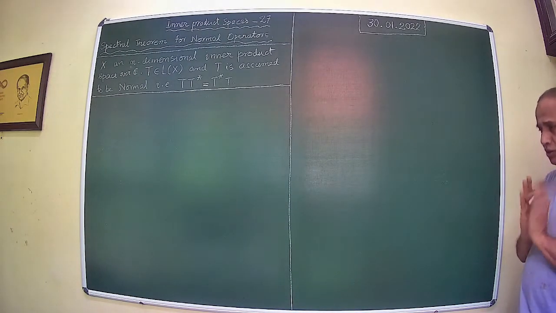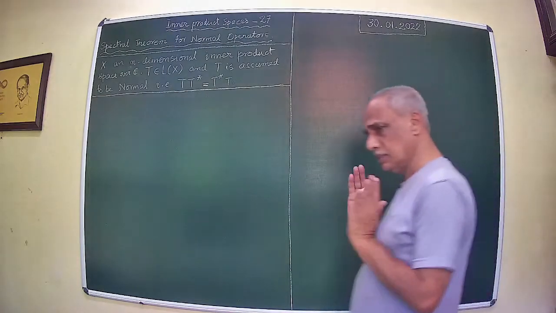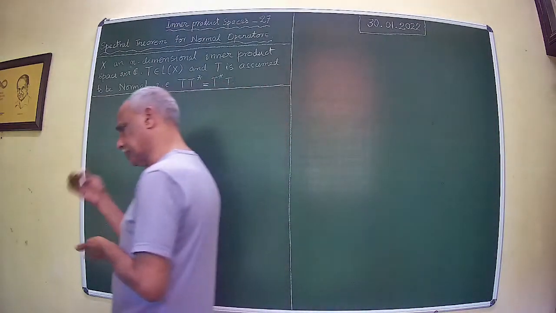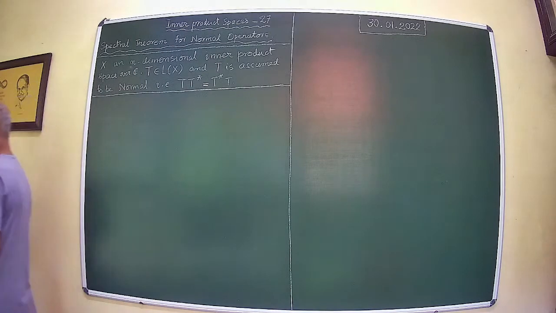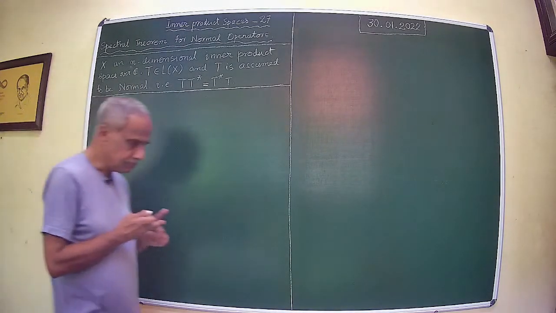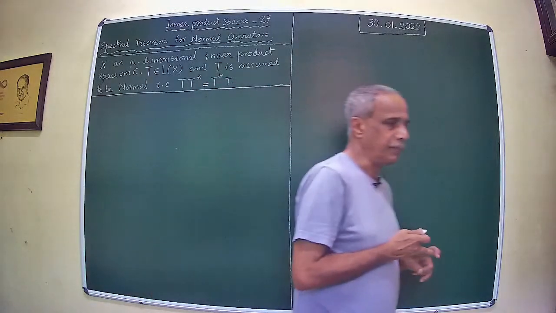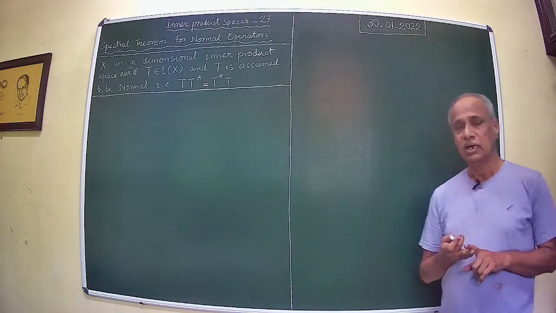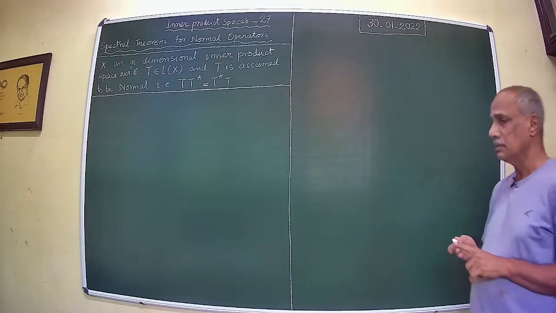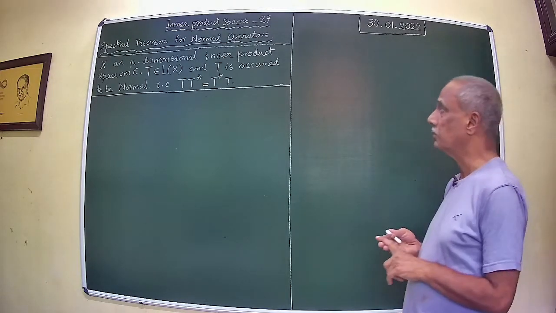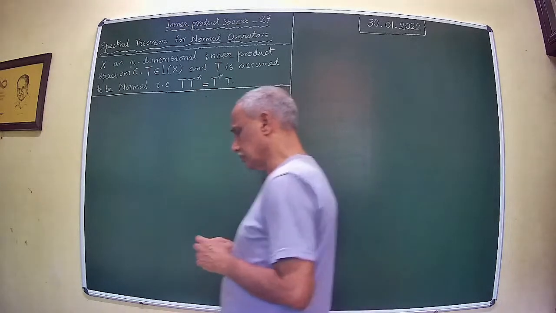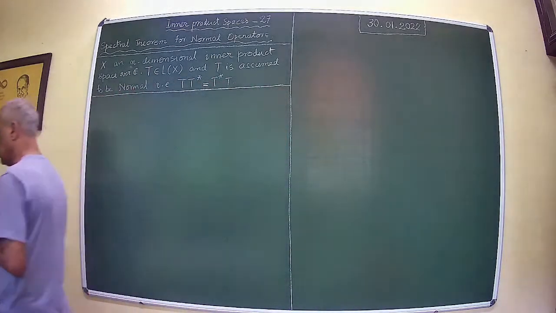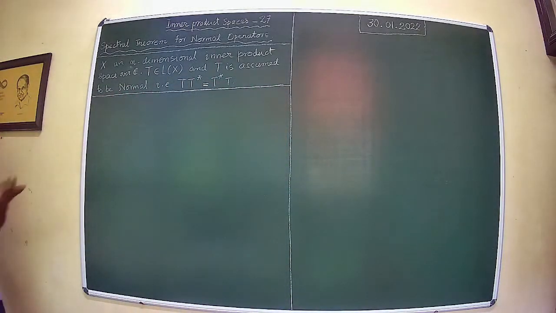All of them are normal operators, but normal operators with certain specialities, like the self-adjoint operator, the unitary operator, or what you call isometry, and the general normal operators. Now let me start with the basic notations, etc.